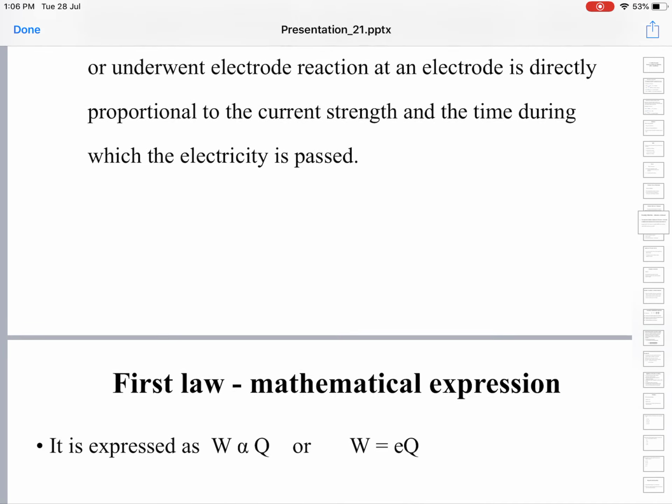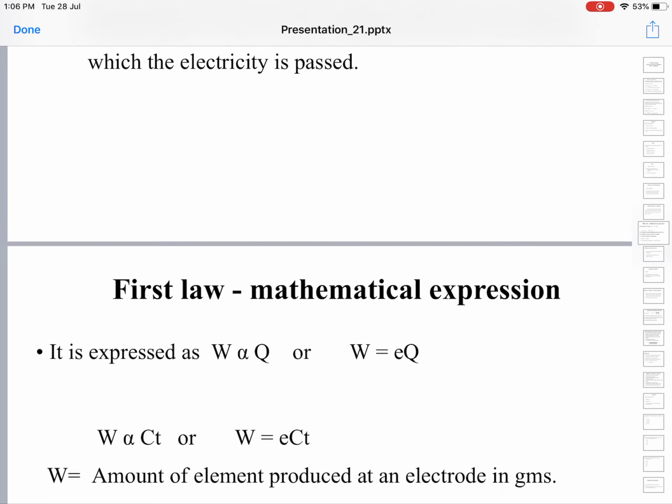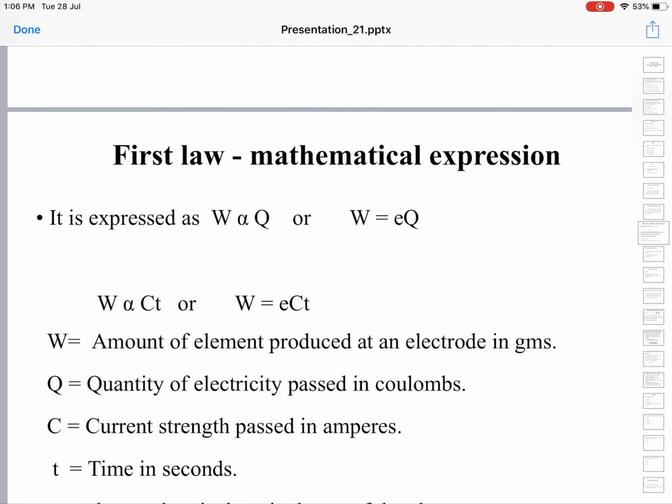The first law can be mathematically expressed as W is directly proportional to Q. To remove the proportionality we multiply with a constant: W is equal to eQ, where e is a constant called electrochemical equivalent.